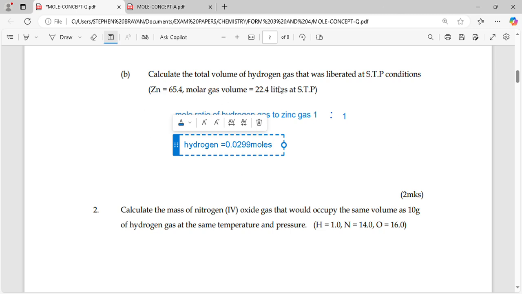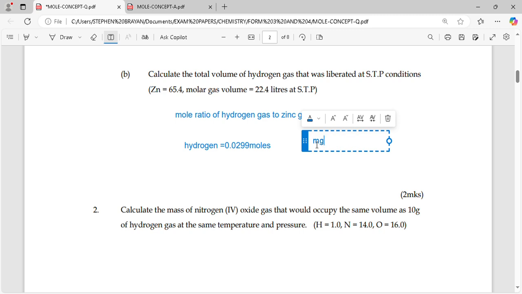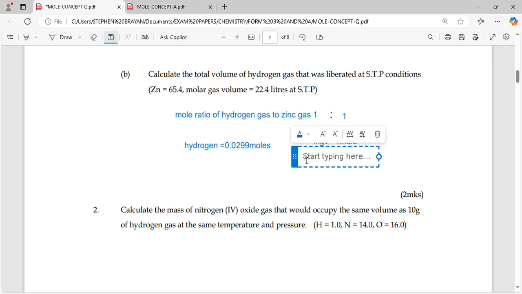So because we've been given the molar gas volume, remember the molar gas volume is usually equivalent to 1 mole. So this molar gas volume, which is 22.4 liters, will be equivalent to 1 mole.